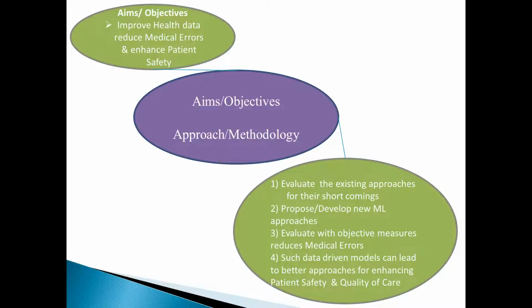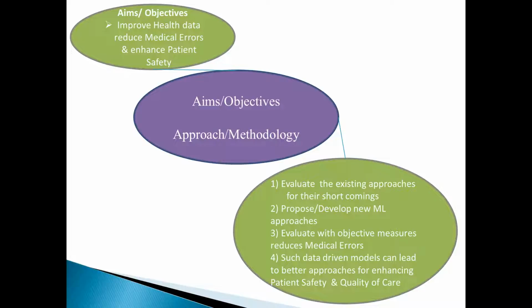So the overall objective, with the background and the significance, is how important it is to improve the quality of health data, reduce medical errors, and enhance patient safety by using computer-based machine learning approaches. As I mentioned, the existing approaches have several shortcomings.